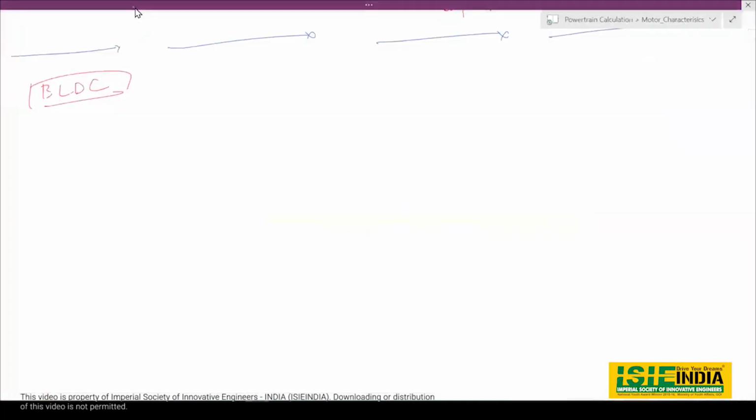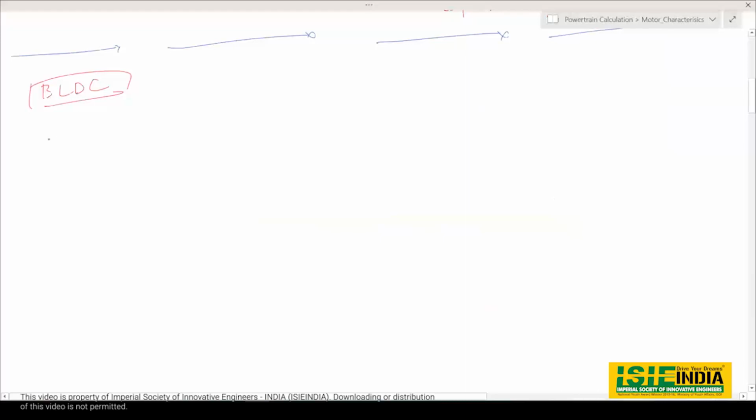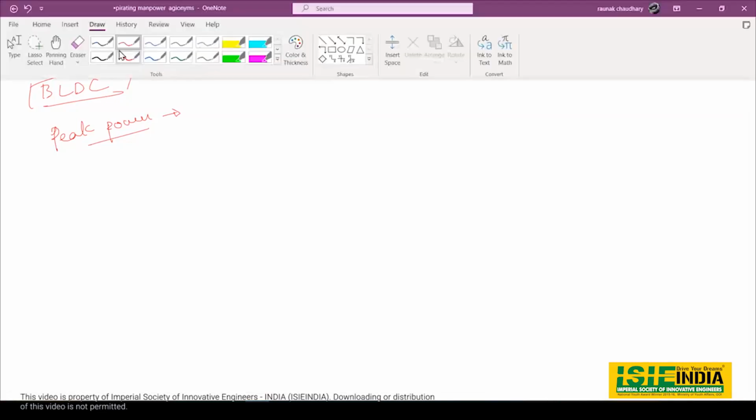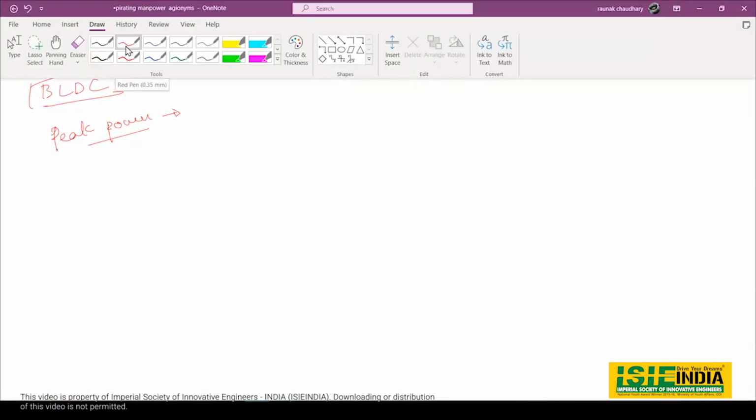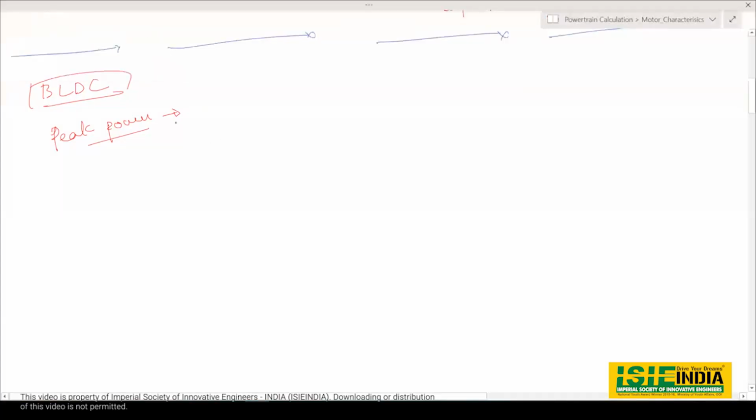For this BLDC, let's start with peak power. Maximum power the controller can supply. Okay, it's not what the controller can supply, it's what the motor can deliver, because that power is after the losses. The controller is giving more than that.